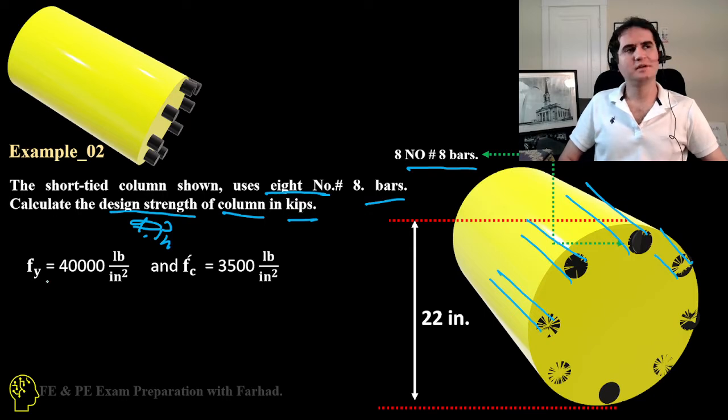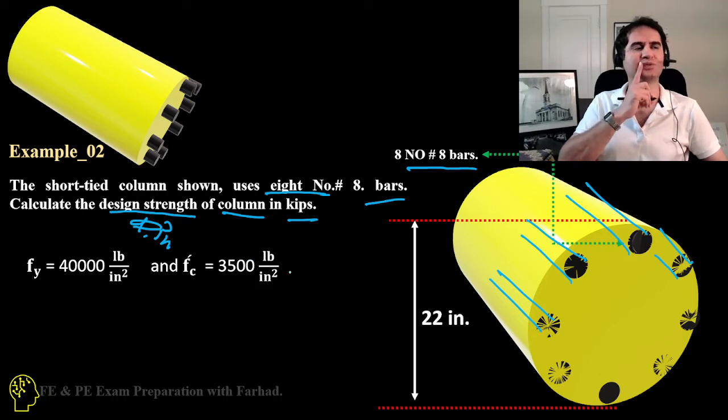Also, Fy, the yield stress for steel, is provided to be 40,000 pounds per square inch, and F prime C, which is the design strength of concrete, is 3,500 pounds per square inch.